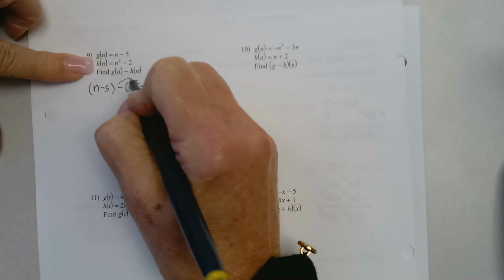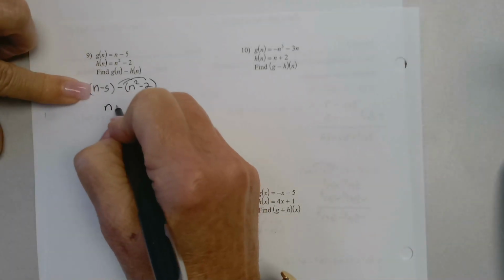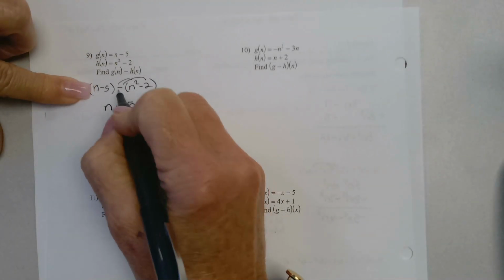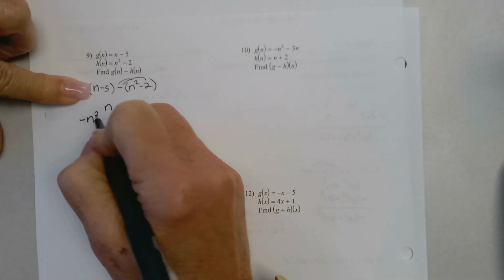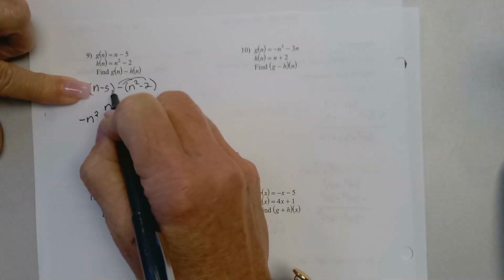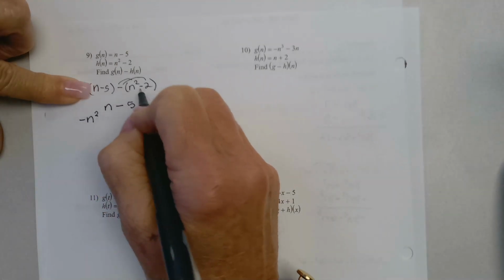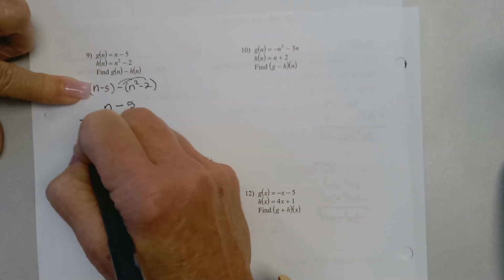And you have to remember that you're distributing that negative, that minus sign to each of those terms. So we have n minus 5 to start with. We are subtracting n squared. There's nothing to line it up with. And we are subtracting a negative 2, which means we are actually adding 2.